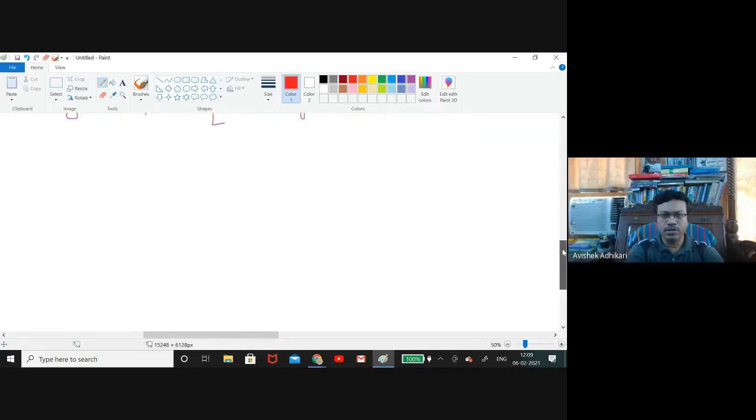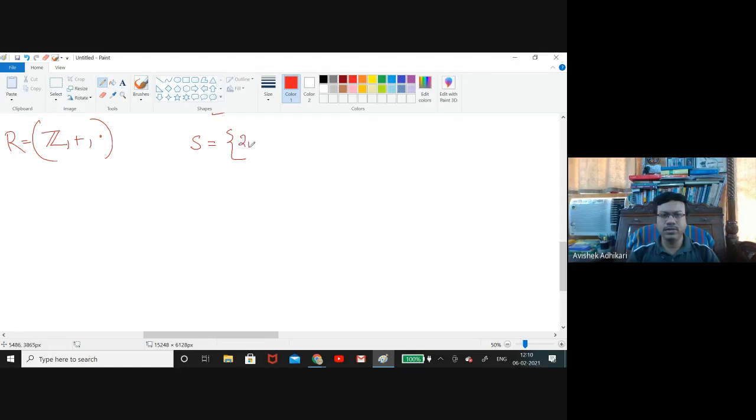So let us first try to guess how it should look. For example, let's start with Z. So Z with plus and dot is my ring R, and say S is a two element set, for example, 2 and 3.